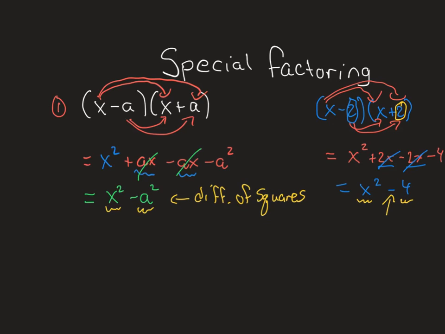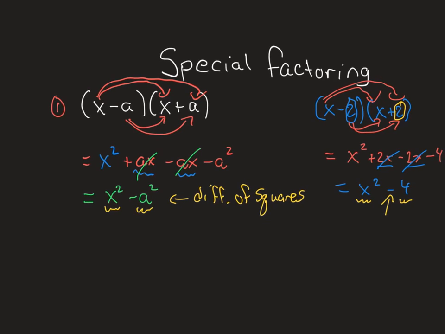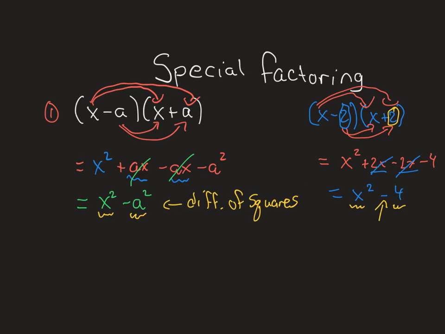So if I were to make a rule here, I could say that if I have x squared minus a squared, the factors will always be x plus a multiplied by x minus a.